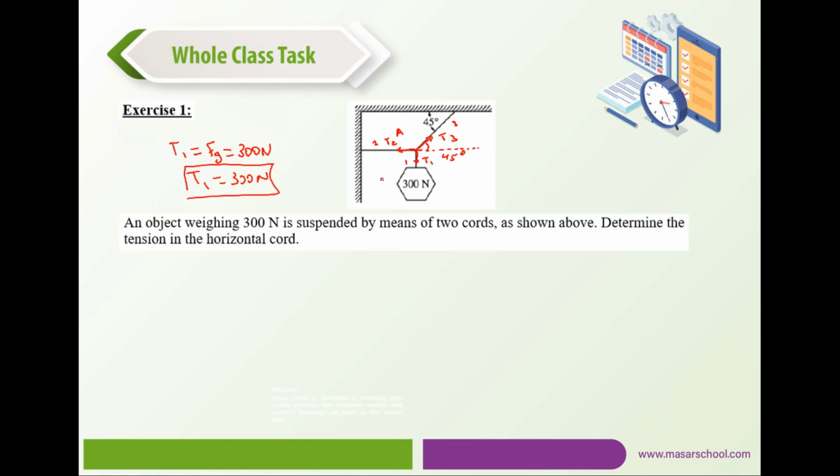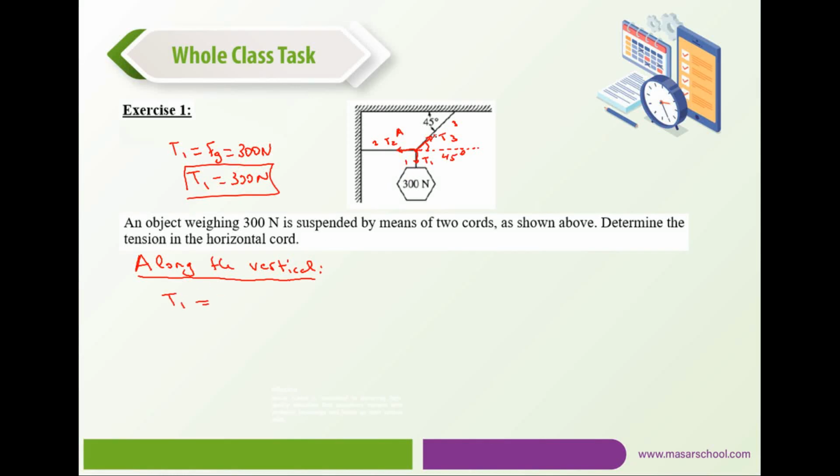Now we need to find the tension in the horizontal cord. In order to do so, we need to balance the forces along the horizontal and along the vertical. Let me start with the vertical. Along the vertical, what do we have? We have the tension T1, which is down.